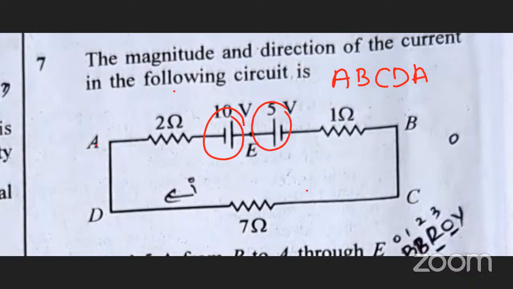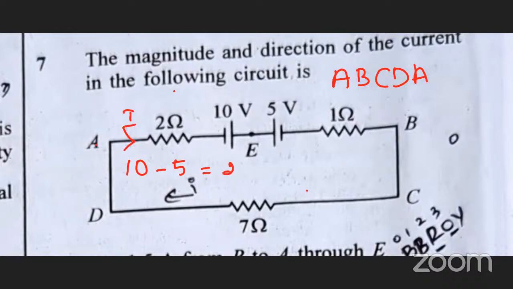If you consider the loop here, this 10 volt is positive and minus 5 volt is negative. We can consider the current direction is this side. So it's I into R.